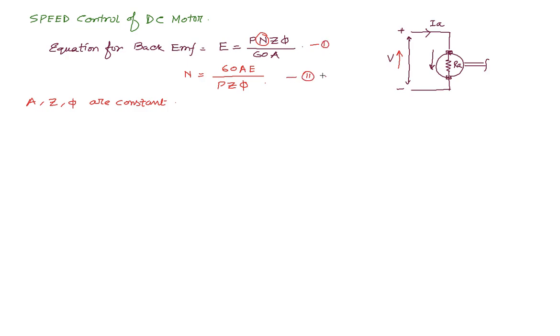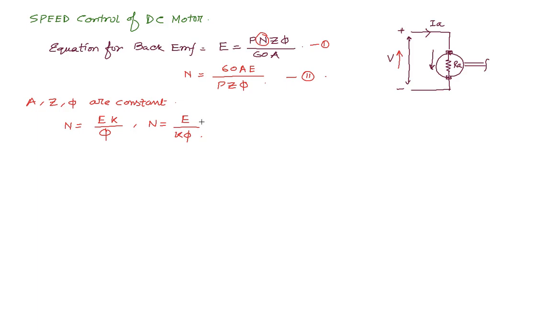So we can say that N is equal to E by K phi, because A, Z and P are all constant. You can take K as a constant, or K inverse as a constant.